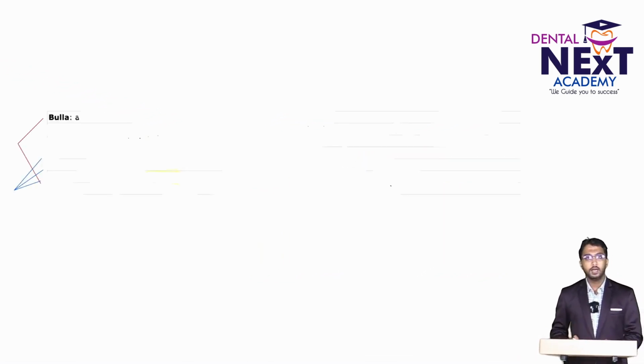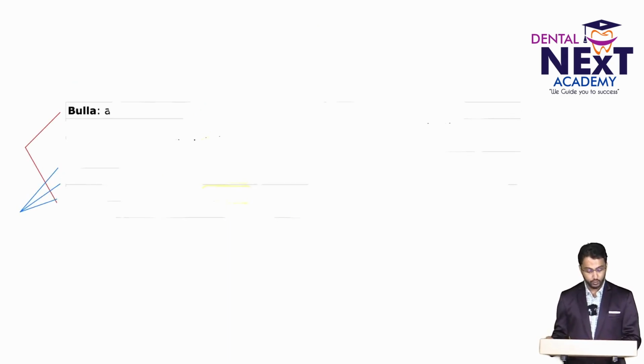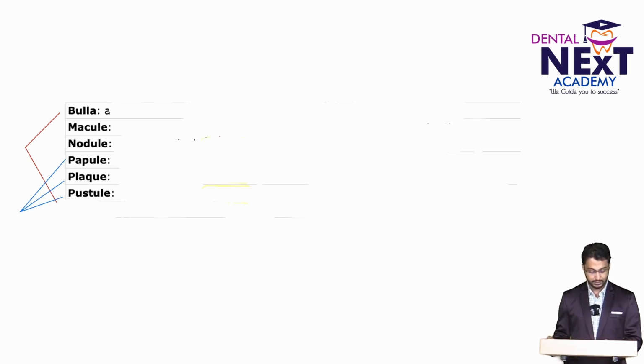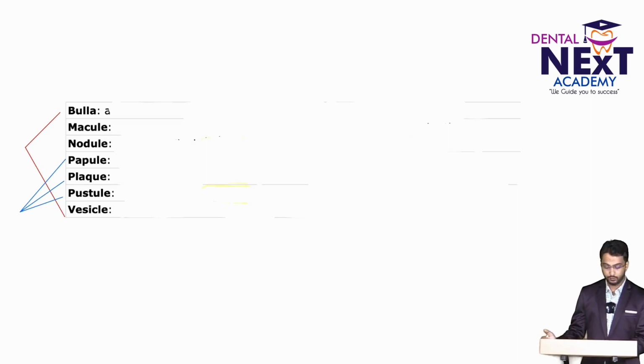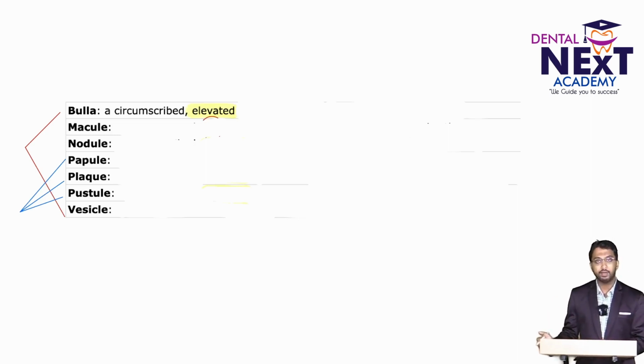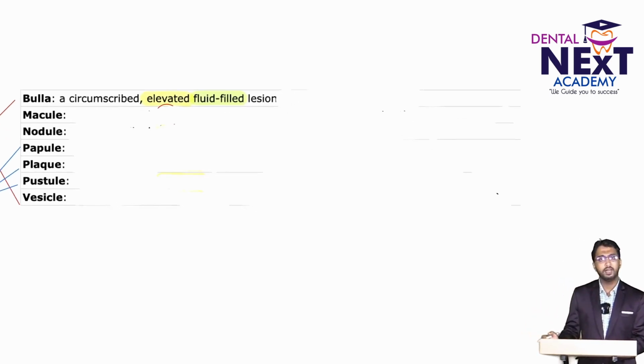We're going to study a few skin lesions now. What is bullae? We could differentiate it from macule, nodule, papule, plaque, pustule, and vesicle. So bullae and vesicle are what we are studying first. What is a bullae? It is well circumscribed and elevated. Remember that these are fluid filled lesions.